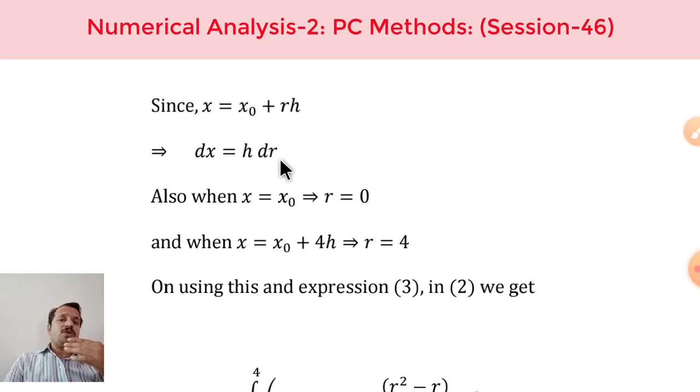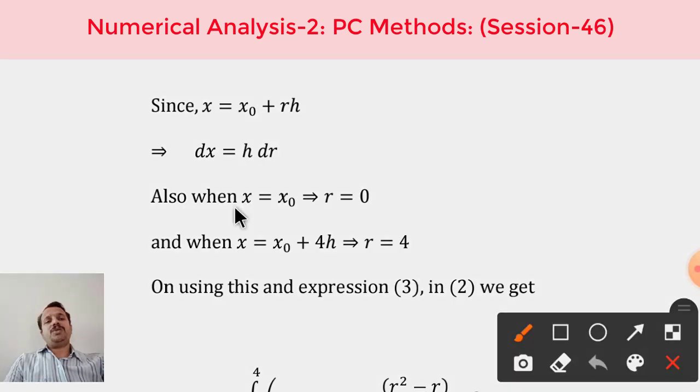Now what are the lower limit and upper limit? First of all let us consider the lower limit. When x is equal to x naught, what happens? We know that x is equal to x naught plus rh, but now we are taking x equal to x naught, the lower limit. So the value of x is x naught, but x has been defined like this.